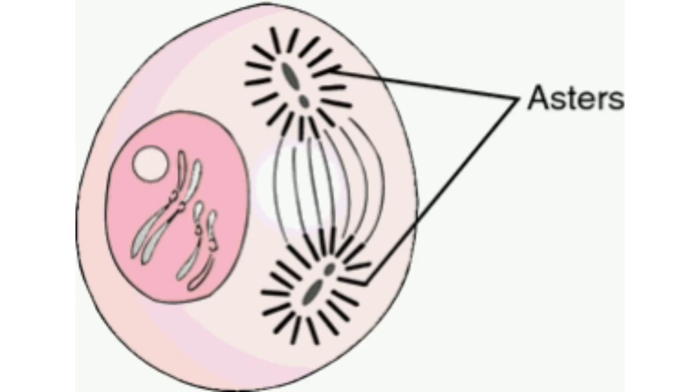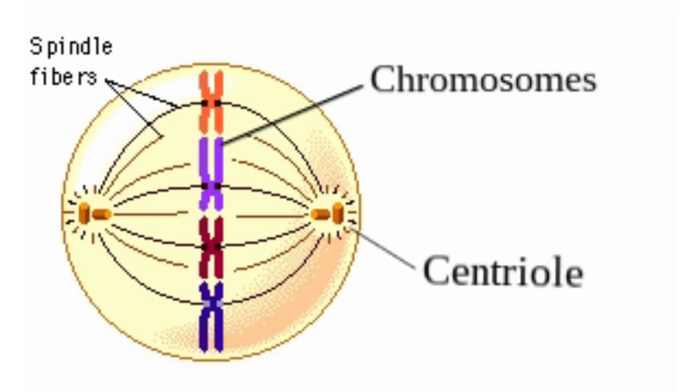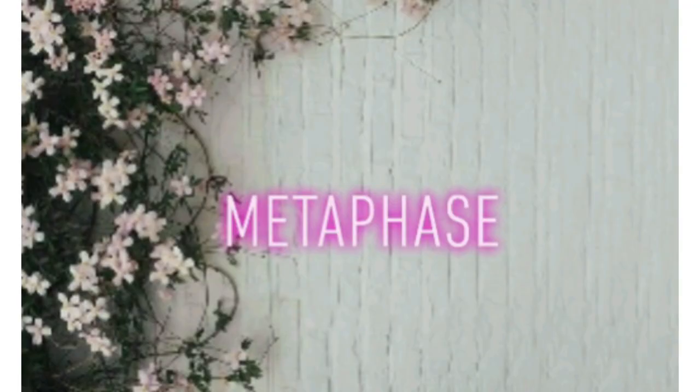An aster is a cellular structure shaped like a star consisting of the centrosome. Then spindle fibers. Spindle fibers are the protein structures that pull apart the genetic material in a cell when the cell divides.